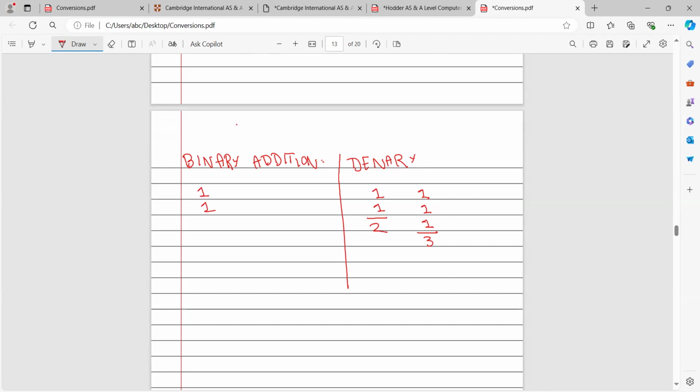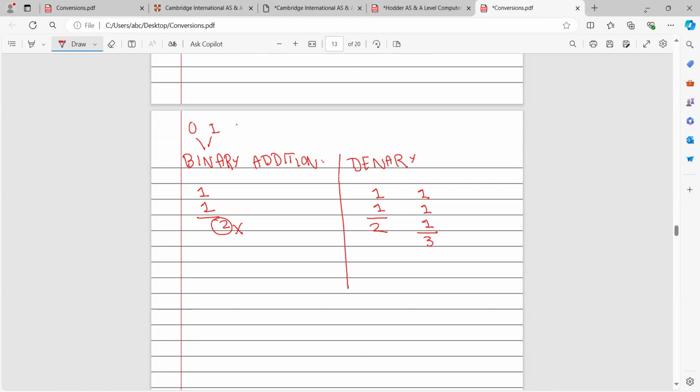But in binary addition if I add 1 and 1, what do you think the answer is going to be? 1 and 1, it will be... hmm? 1 and 1 is going to be what? I cannot write 2 here because in binary we only have either 0 or 1.